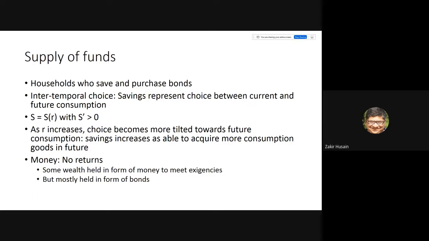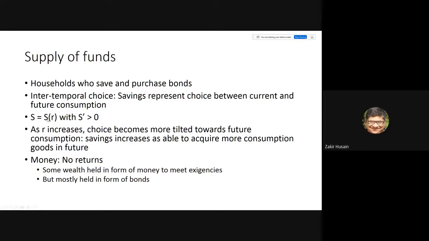Okay. Now, what was the Keynesian savings function? The classical savings function is y minus C. Sorry, minus a plus y.